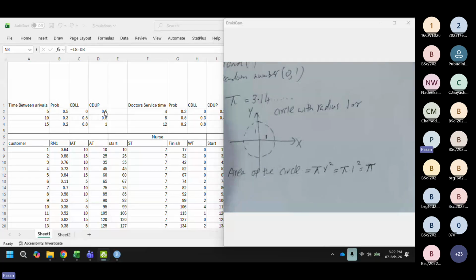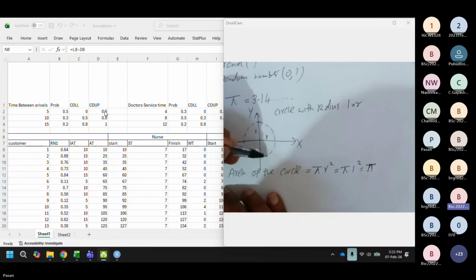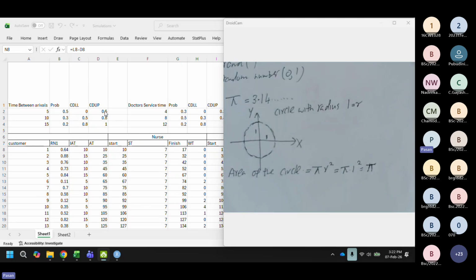Okay. So if I want to use the random numbers, my target is to measure this area using random numbers. That is our concept.